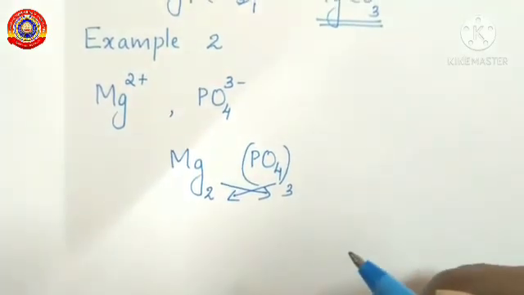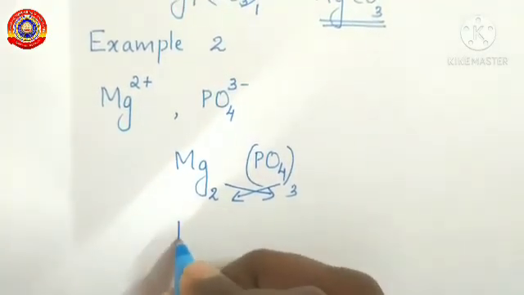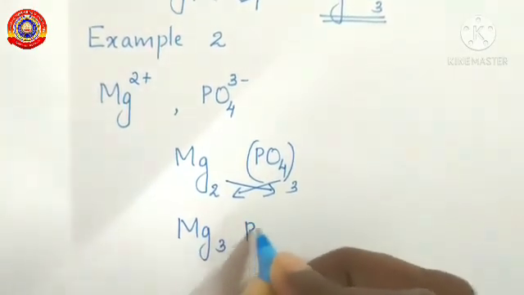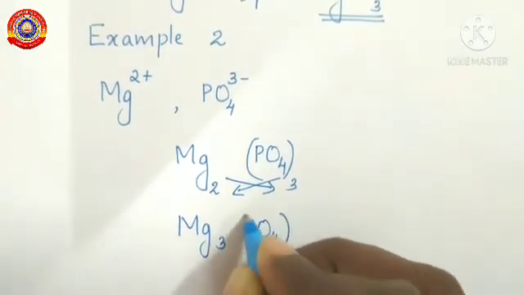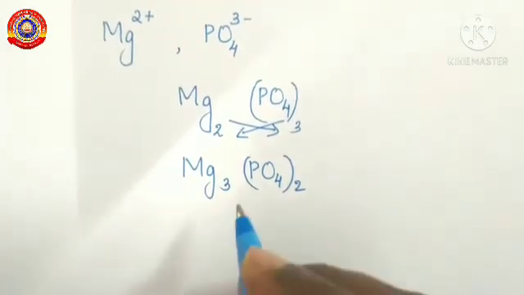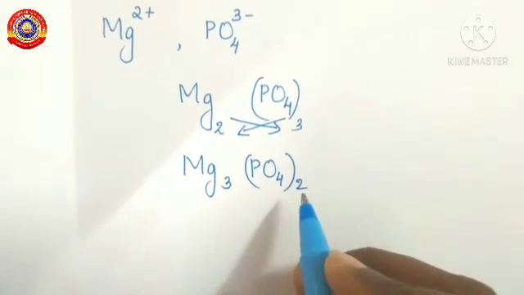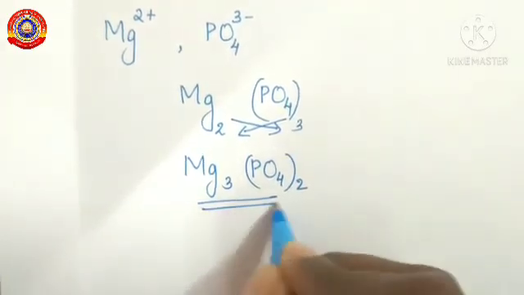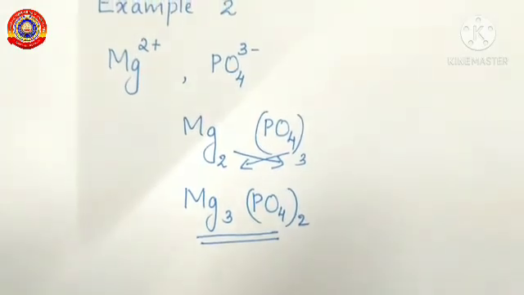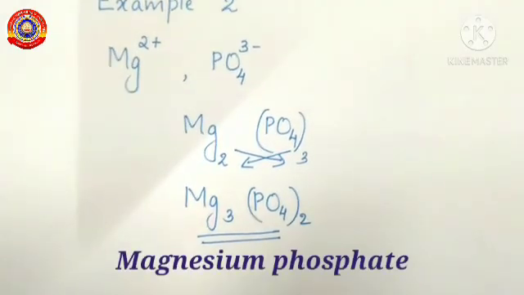Now let's interchange these valencies so that we will get Mg3 and (PO4)2. Here there is no common factor, so let's write it that way. Therefore, the chemical formula of this salt is Mg3(PO4)2. So how will you name this salt? Magnesium phosphate. Did you understand?